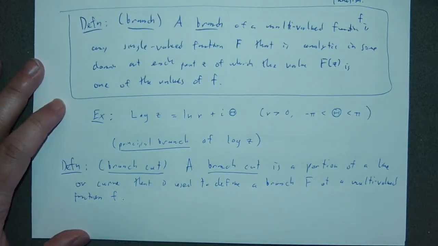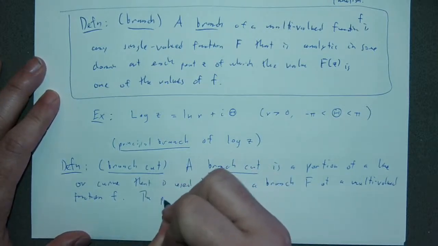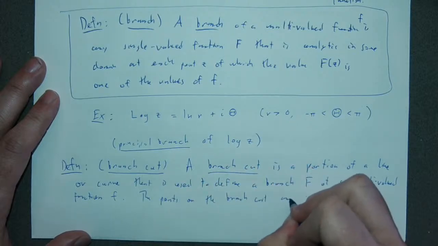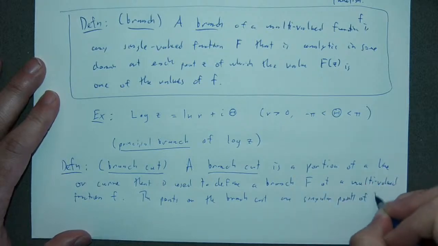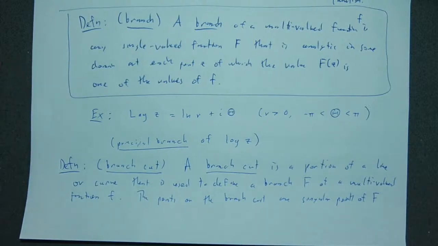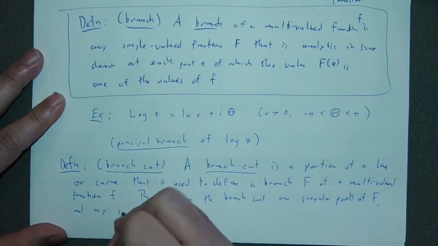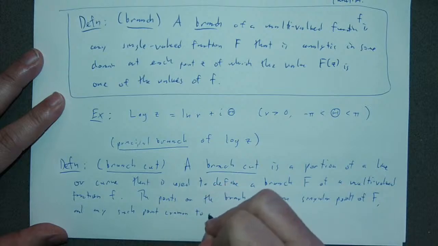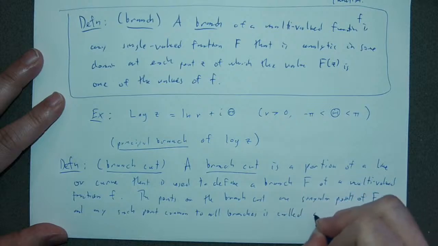But the first thing to note is that the points on the branch cut are actually all singular points of big F. And any such point common to all branches is called a branch point.